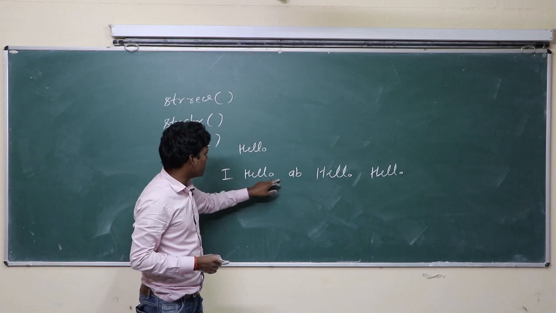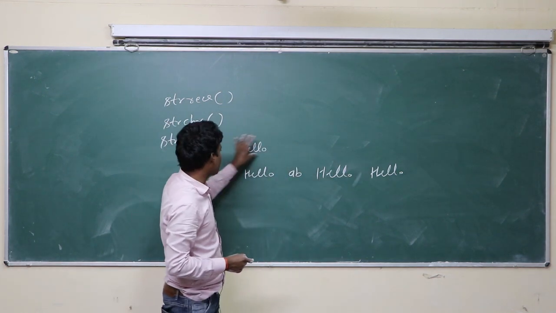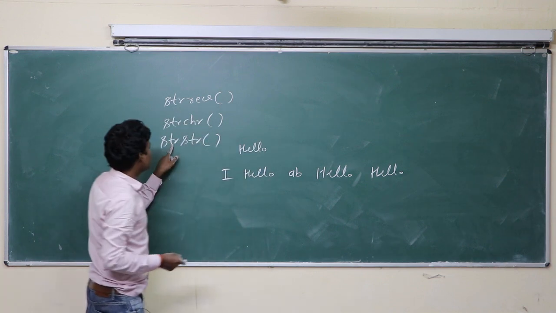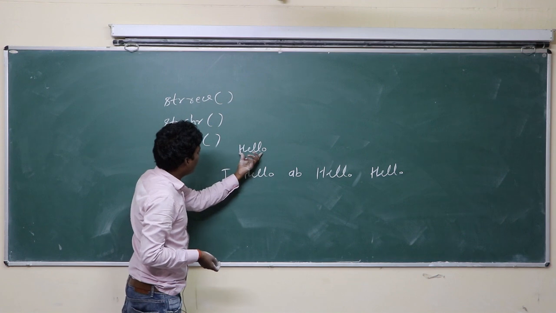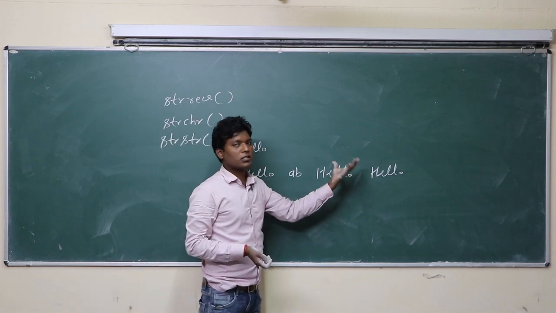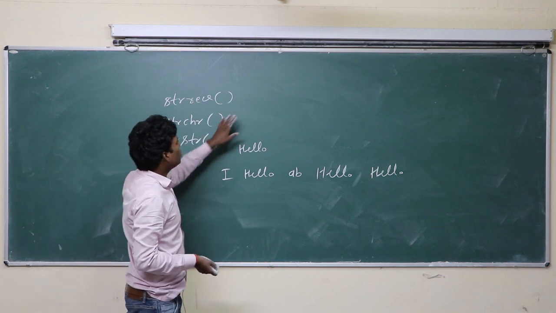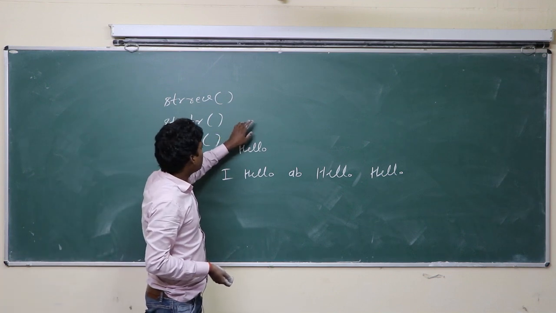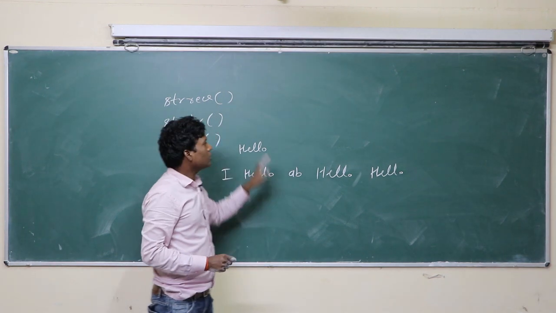So the first occurrence is this. This is the second string, this is the first string. So strstr is used to find the first occurrence of one string in another string, and strchr is used to find the first occurrence of a given character in a string.